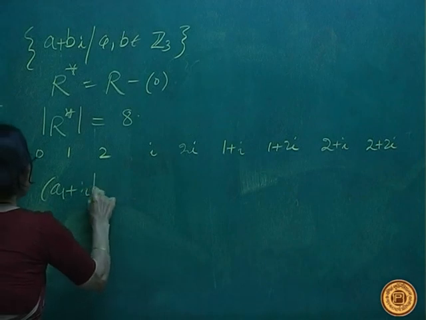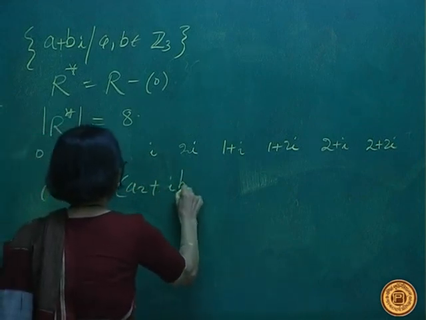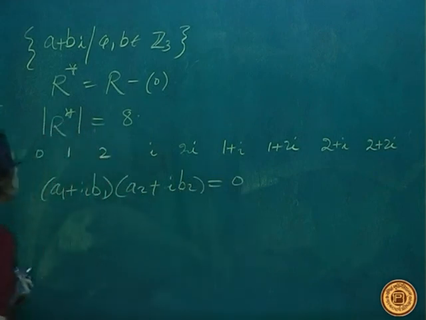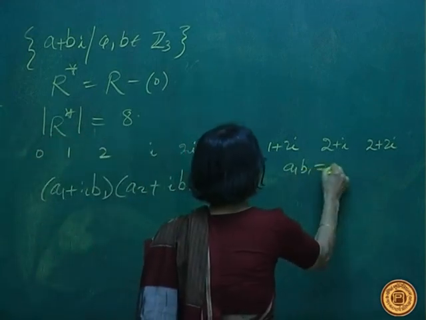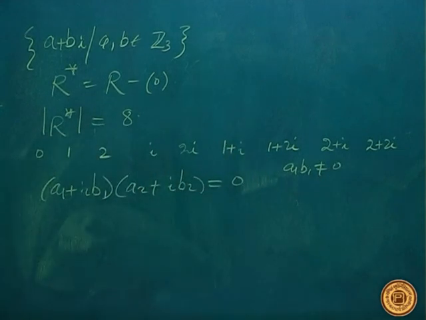a1 plus i b1 is a zero divisor if there is another element a2 plus i b2 which annihilates it. And we will of course assume that a1, b1 not equal to 0, and so a2, b2 also not equal to 0.